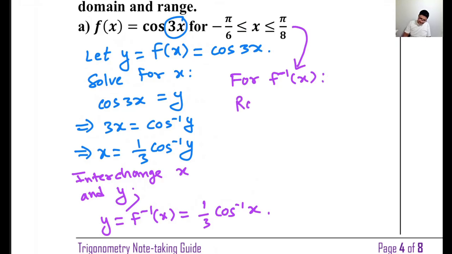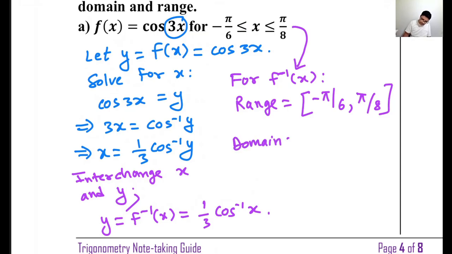Your range will be the previous domain, which is minus pi over 6 to pi over 8. And the domain will be, we have to calculate that.